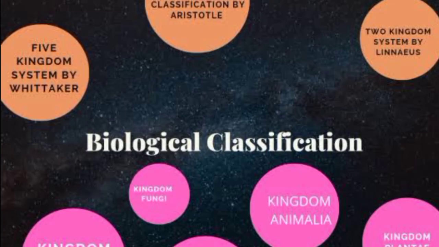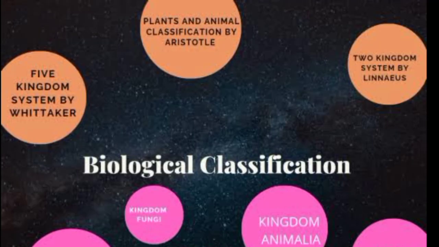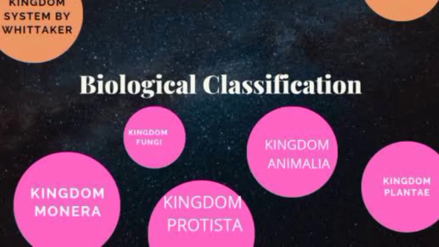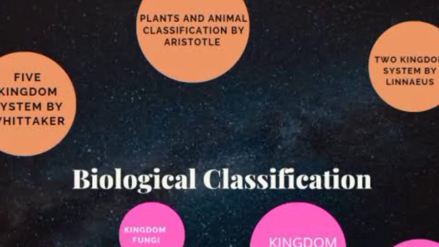Kingdom Animalia. Animal kingdom. Animals are multicellular, heterotrophic, eukaryotic organisms without cell wall. They directly or indirectly depend on plants for food. They digest their food in an internal cavity and store food reserves as glycogen or fat. Their mode of nutrition is holozoic, by ingestion of food.